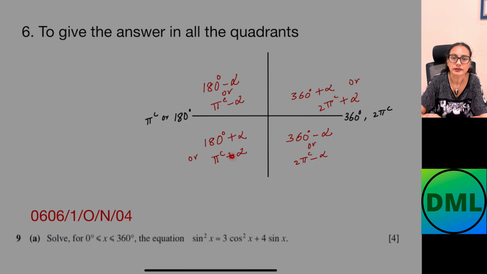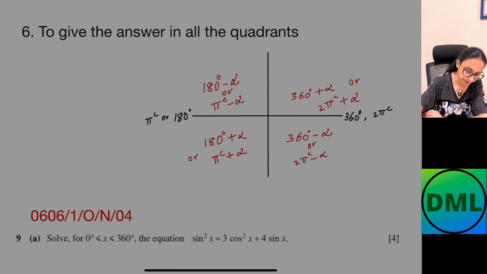If we have to write all the answers in the fourth quadrant, we will write 360 degree minus alpha or 2 pi minus alpha. If I have to move more than 360 degree, then we will write 360 degree plus alpha, or 2 pi plus alpha. We are not going to use these two positions at all.